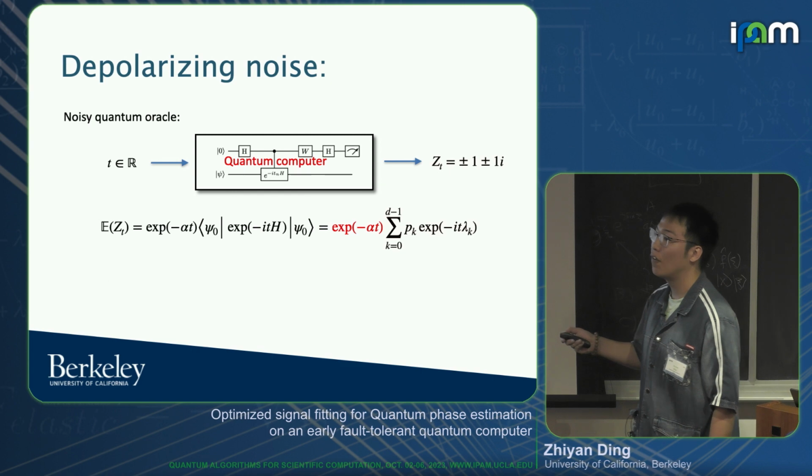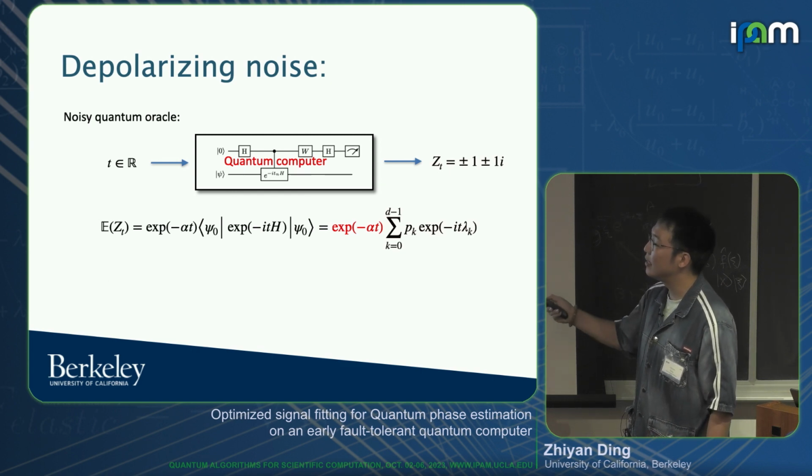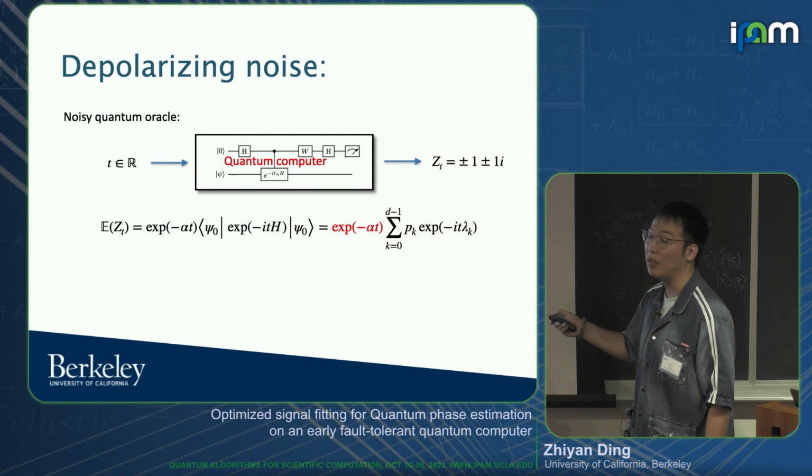The effect of this noise is that when I output my random variable CT, the expectation of CT will have some exponential decay term before this signal, where this alpha is some constant that characterizes the strength of this noise.